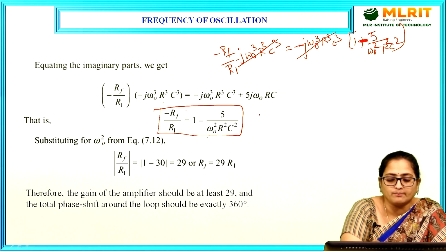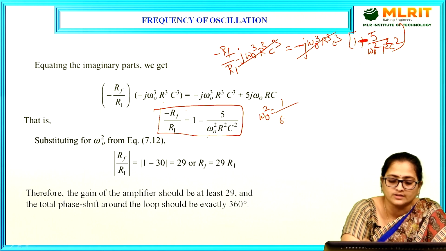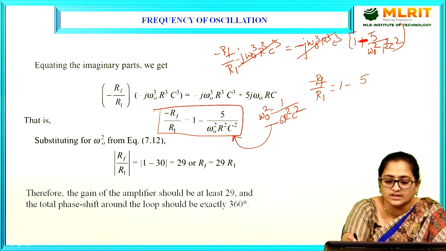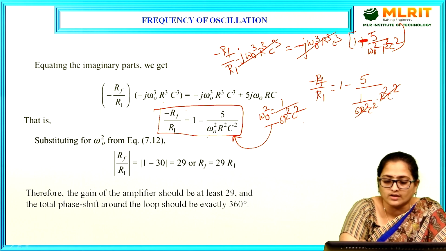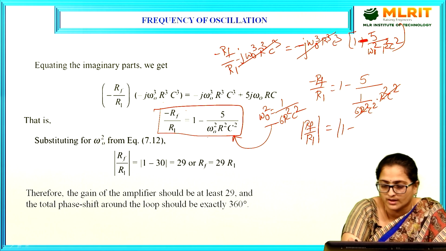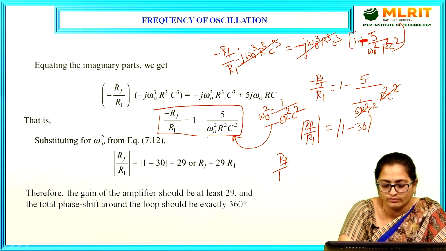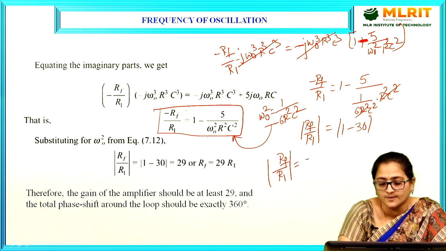But when we compare the real parts, we got omega naught square as 1 by 6 R square C square. If you substitute this omega naught square value in this expression, you can write minus Rf by R1 is equal to 1 minus 5 divided by 1 by 6 R square C square into R square C square, so the magnitude of Rf by R1 is the magnitude of 1 minus 5 by 1 by 6, which is 1 minus 30, and this is given as magnitude of Rf by R1 equal to 29.